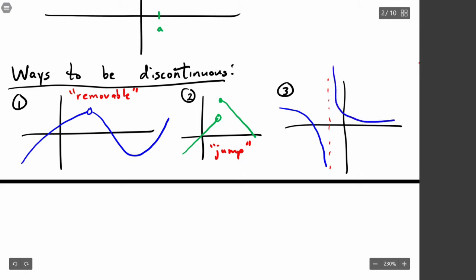So you could have a function that looks like that, right? And this one we call an infinite discontinuity. So these are the three different ways in which the graph of a function can force you to pick up your pen. And these are the three different ways where the actual value of a function could differ from the limit of the function.